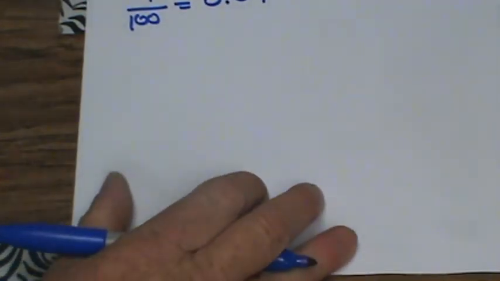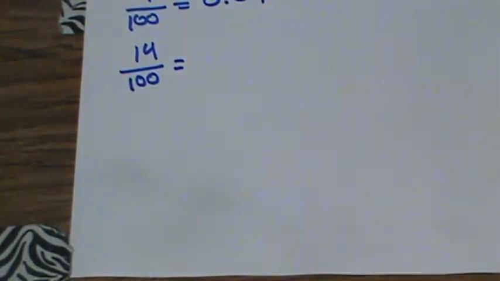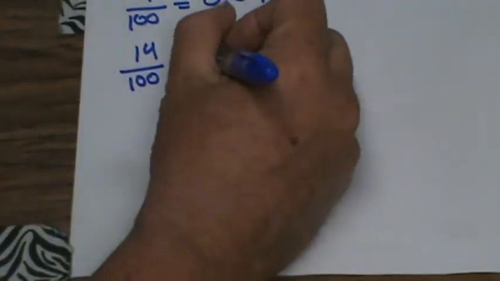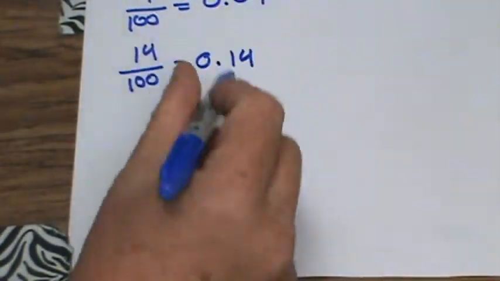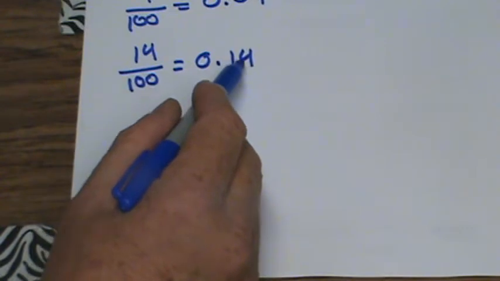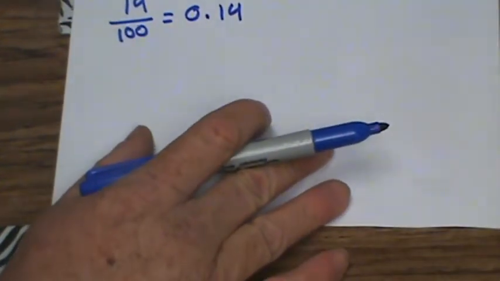We'll continue on with 14 hundredths. And think about this decimal. What will it look like? We have a number in the tenths column and in the hundredths column. So it's going to be 0.14, our 14 hundredths. We have a 0, 1, tenths, hundredths. So it's 14 hundredths. And we will move and groove on.